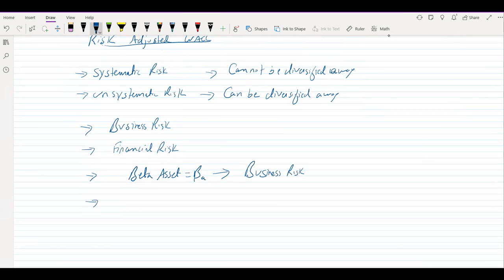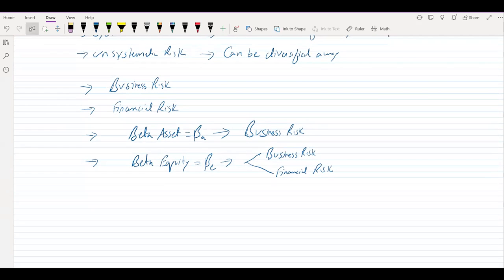Then you should have a knowledge of beta equity, that includes the business risk as well as financial risk. So the beta which is only having a business risk is called beta asset. और वो beta जिसमें दोनों risk शामिल हो, that beta is called beta equity. Beta equity includes the business risk and the financial risk.